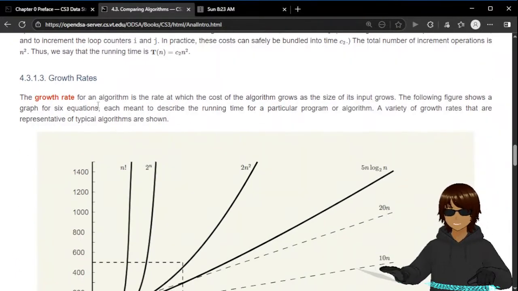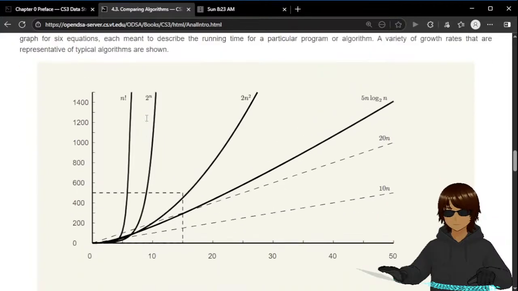The growth rate for an algorithm is the rate at which the cost of an algorithm grows as the size of its input grows. The following figure shows a graph of six equations, each meant to describe the running time for a particular program or algorithm. A variety of growth rates that are representative of typical algorithms are shown.